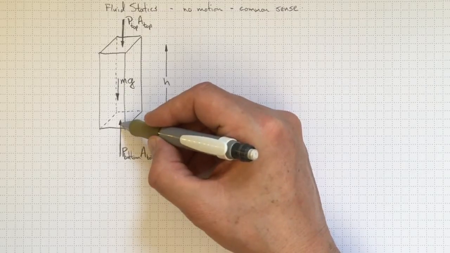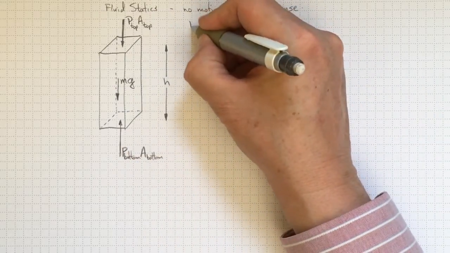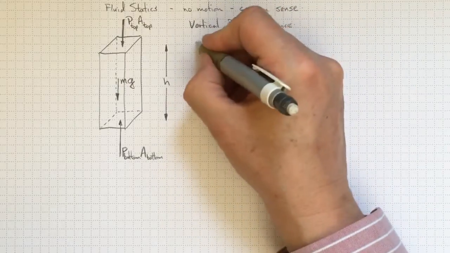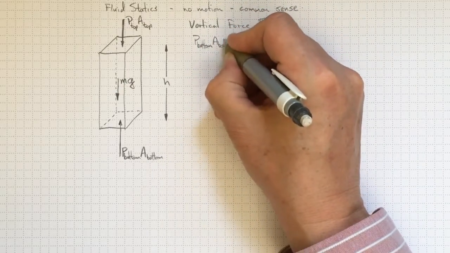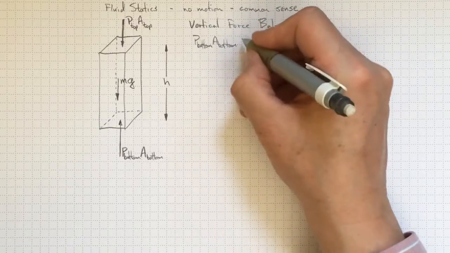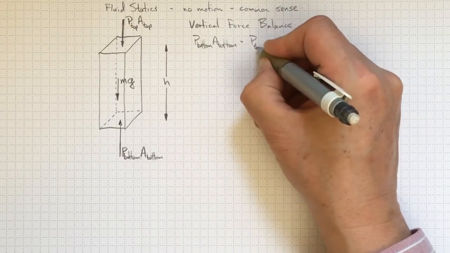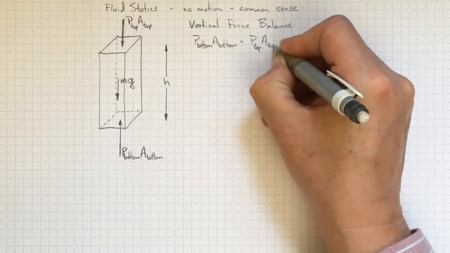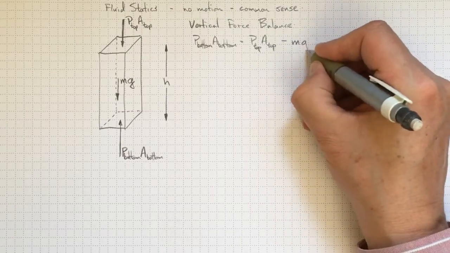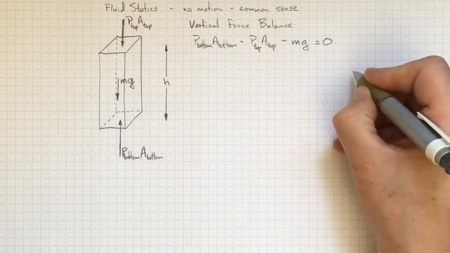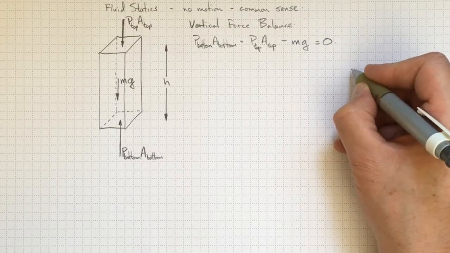So if we do a vertical force balance, we have the pressure on the bottom times the area on the bottom acting upwards, minus the pressure on the top times the area on the top, minus m times g, all equal to 0 in order to have no acceleration.